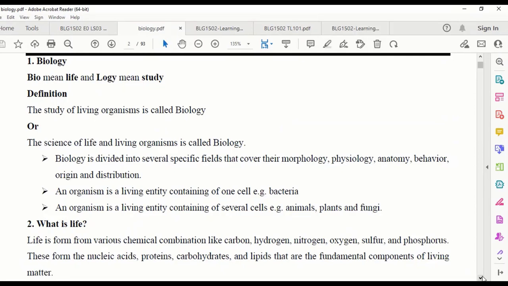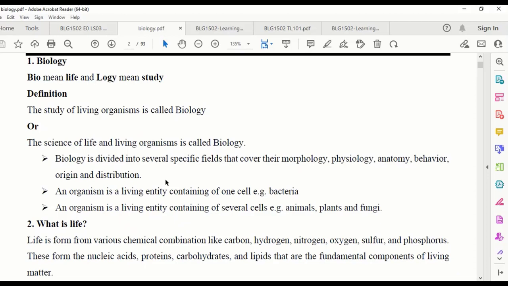So this biology, or the science of life, the study of living organisms, is divided into several specific fields that cover morphology, physiology, anatomy, behavior, origin, and distribution. So if somebody asks you about the generality of diversity, this diversity is the combination of these things.